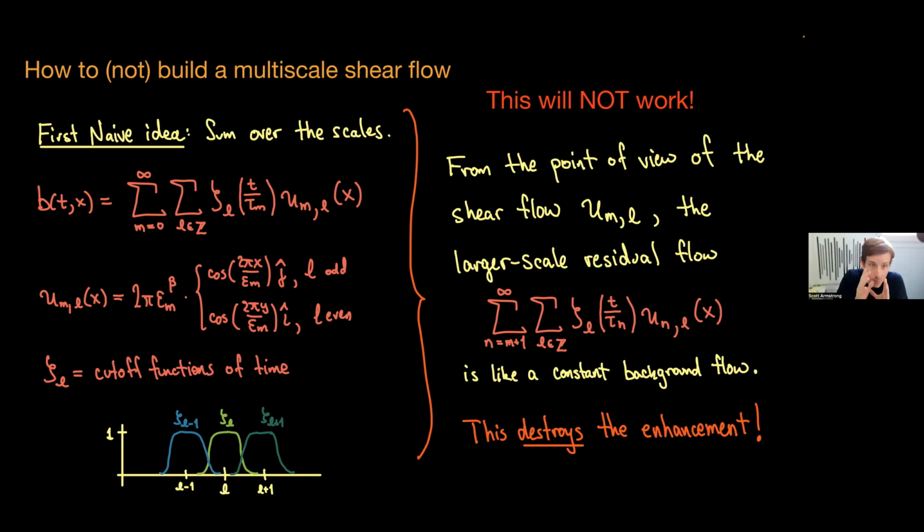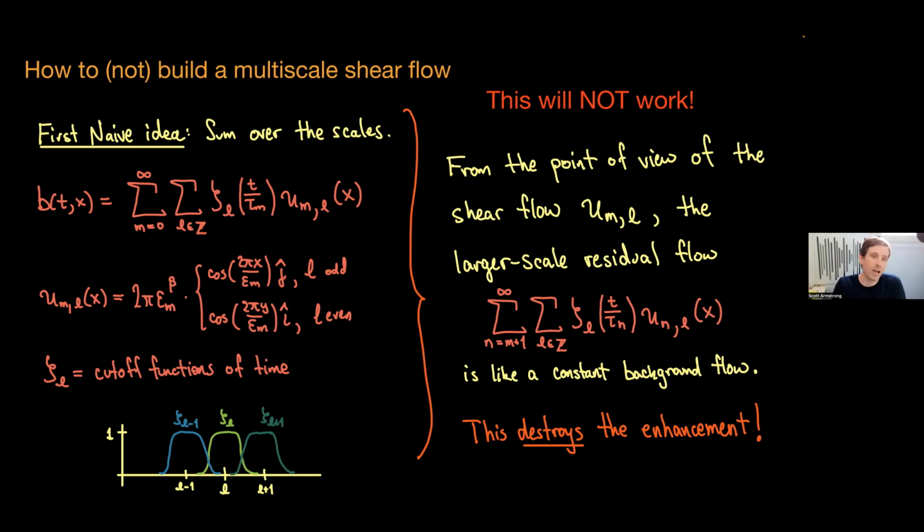If you zoom into a small scale, the effect of the larger scales is just to give you a very large constant background drift. And that constant background drift will destroy the enhancement due to the shear. Because the whole reason that the shear was enhancing is that it was staying on these highways where it's being sheared for a very long time, and the streamlines are very long. But if you add a constant background drift, it destroys that. And so you don't actually have enhancement, nothing works.